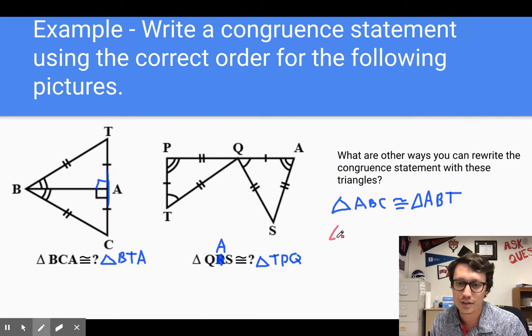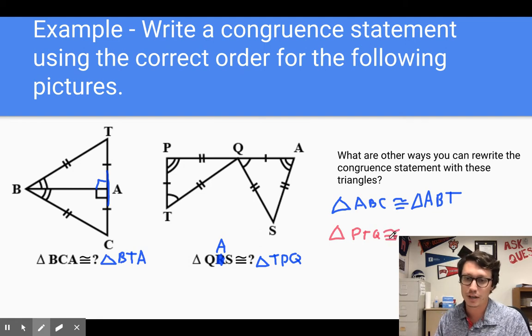Okay, let's try a different way. In the other example, let's call triangle PTQ. It's going to be congruent to what? Okay, pause the video if you want. Try and answer that on your own. Which one matches with angle P, right? Angle P has two congruency lines. Angle A has two congruency lines. So we're going to call it triangle A. Which one matches with T? T only has a single. Q has a single.